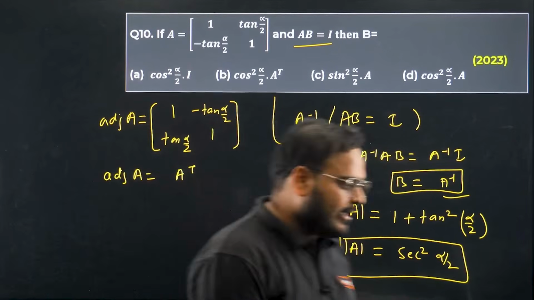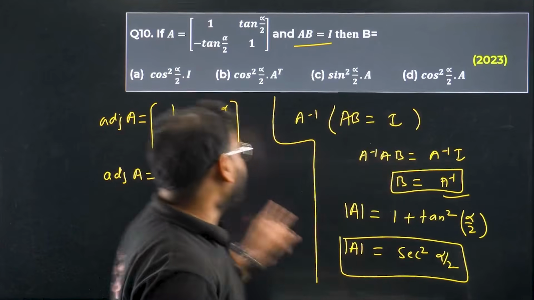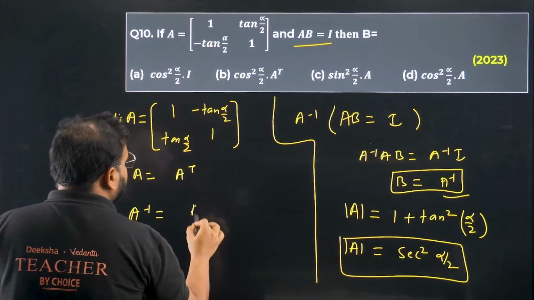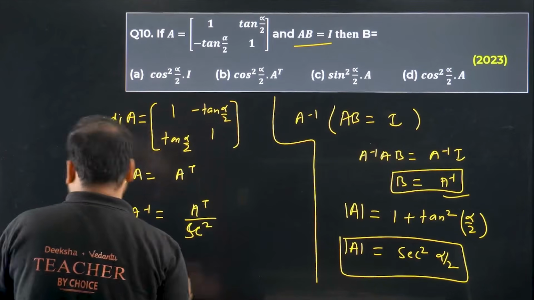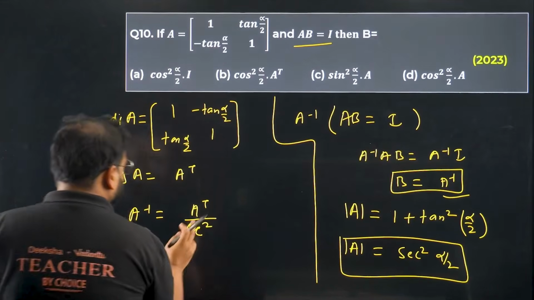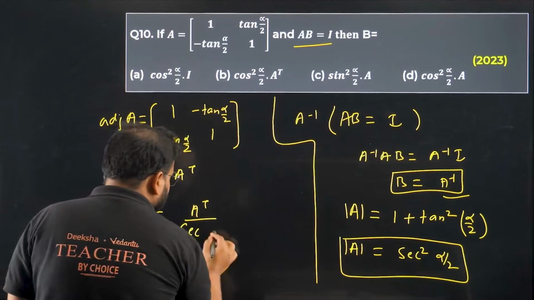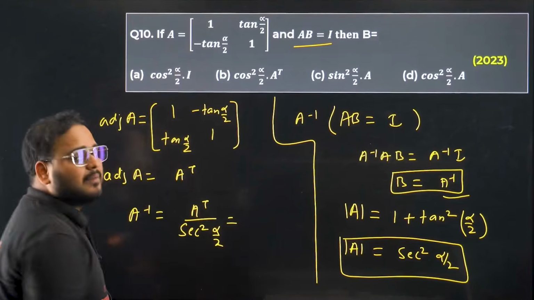Please check, is my adjoint of A looking like A transpose or not? Yes, it is. It means I can simply say that my A inverse value will become A transpose divided by sec square alpha by 2. 1 by sec becomes cos.